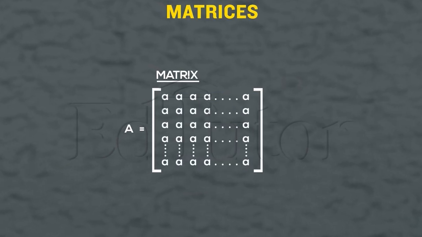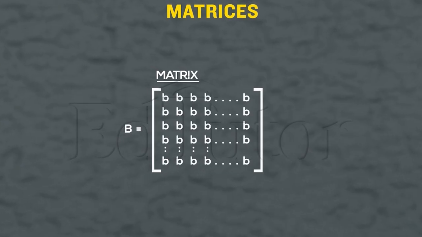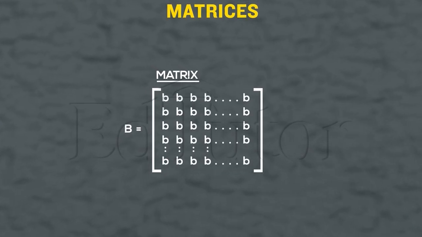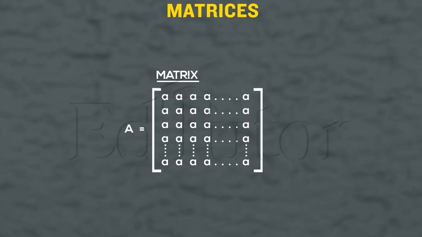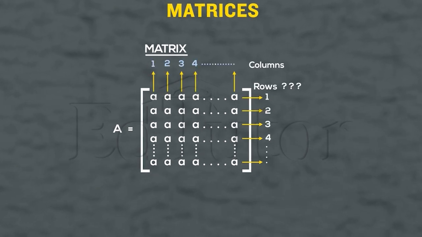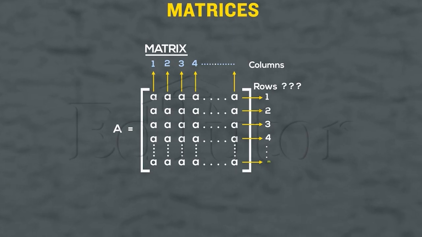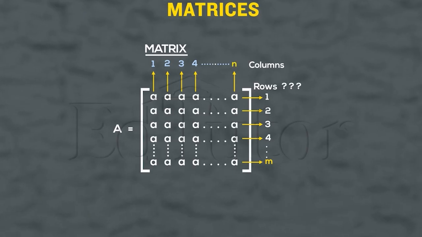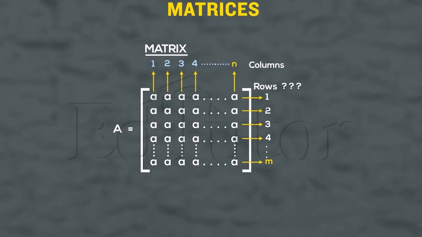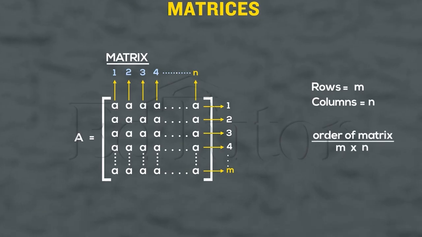If it had been represented with capital B, its elements would have been represented with a small b. Since it's a general representation, we do not exactly know how many rows and columns there are. So, let's represent the number of rows with m and the number of columns with n. Both of course being positive integers, this makes the order of the matrix m by n.